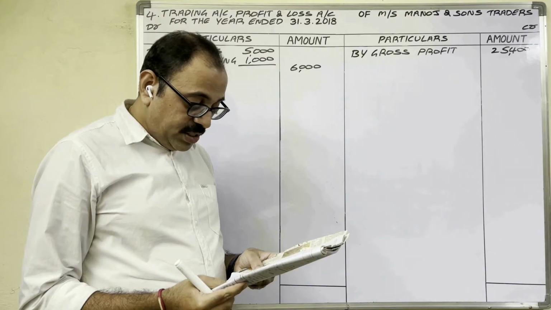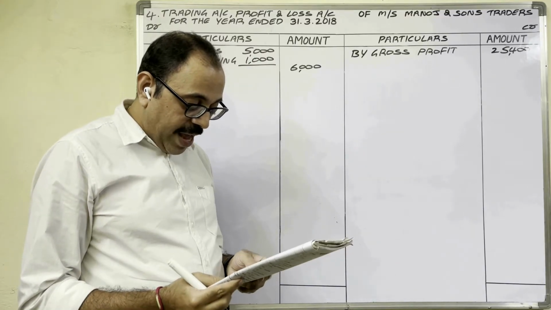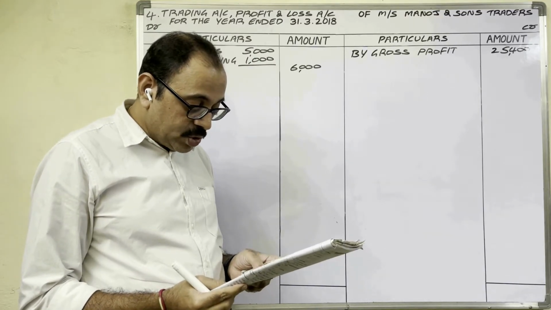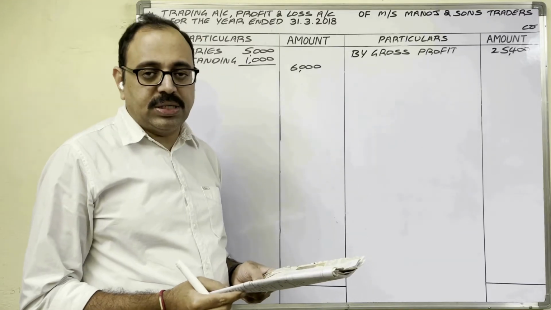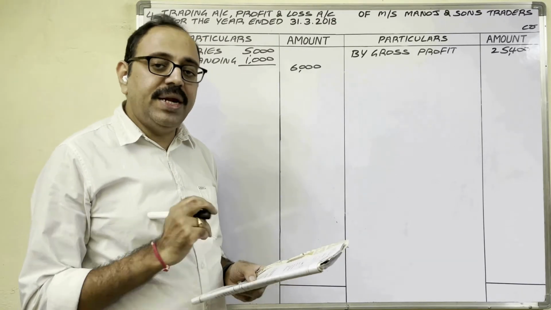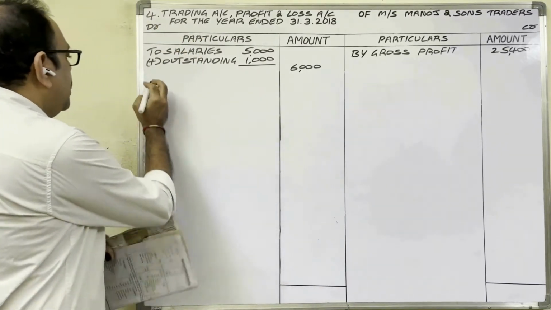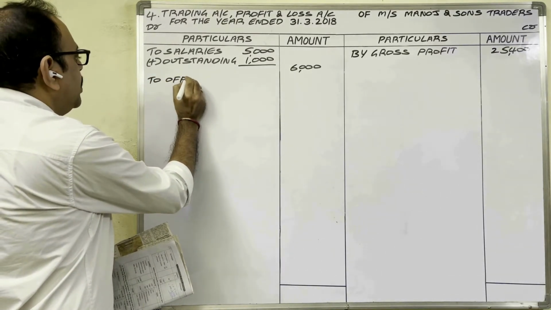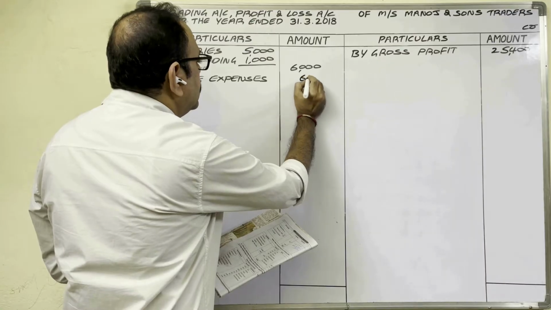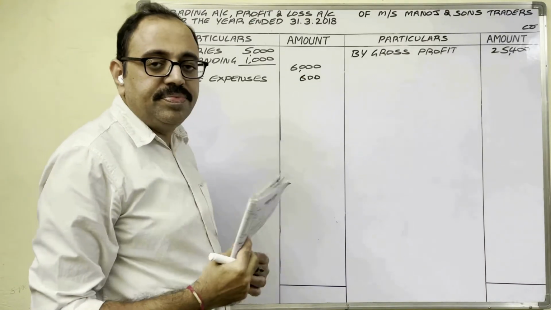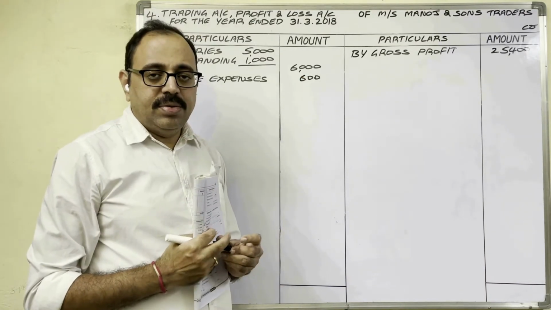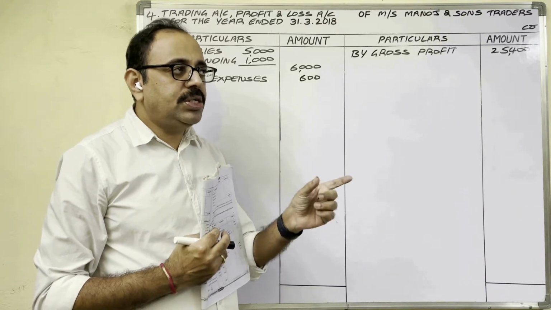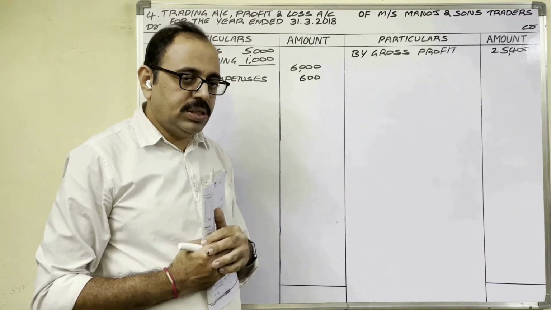Next, wages completed, building, carriage on purchases, gas, coal, water, office expenses. Office expenses are indirect. Debit side. To office expenses, 600 rupees. Next, commission. In debit column he is giving. In debit column he gives expenses, losses, assets, drawings.